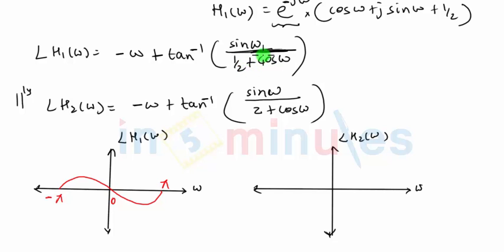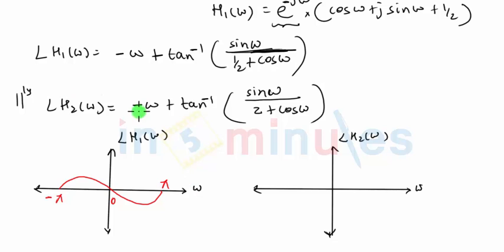Now we all know that when the real part is negative, it will lie on the negative real axis, for which the corresponding angle will be plus pi. So when omega is equal to pi, we get minus pi plus tan inverse of 0 upon a negative number, which will be plus pi, and minus pi plus pi will give me 0.